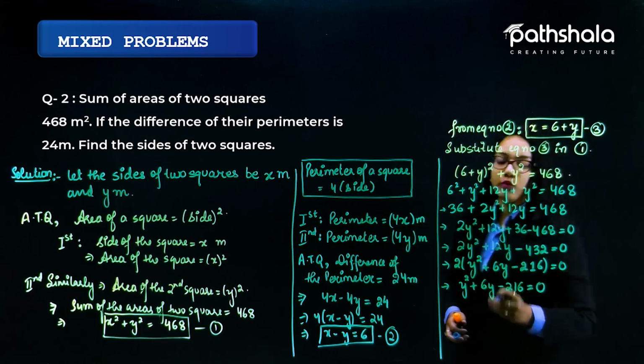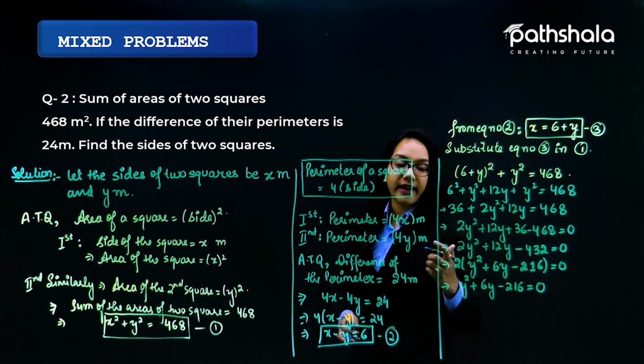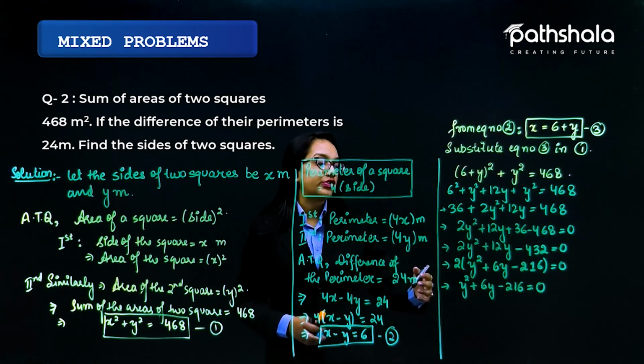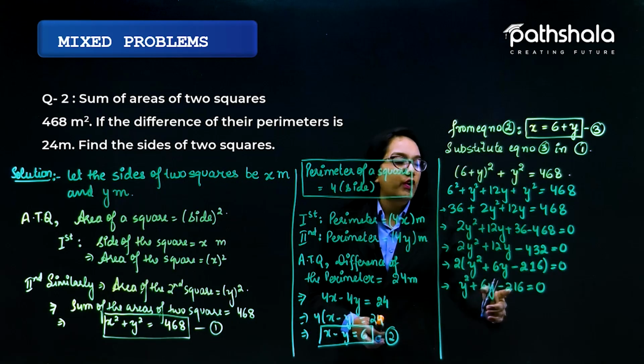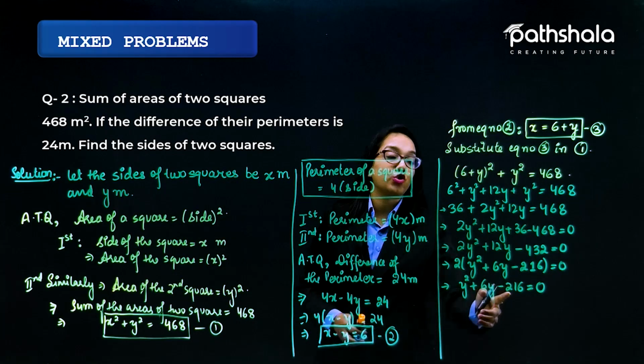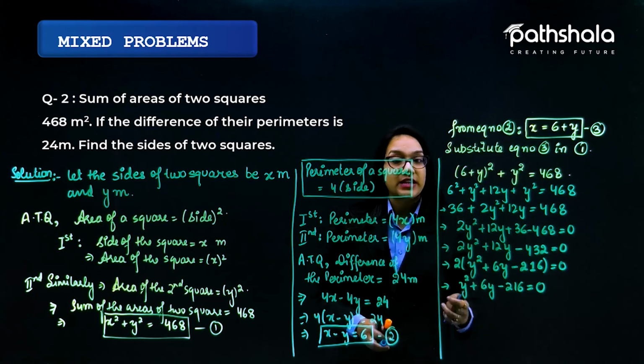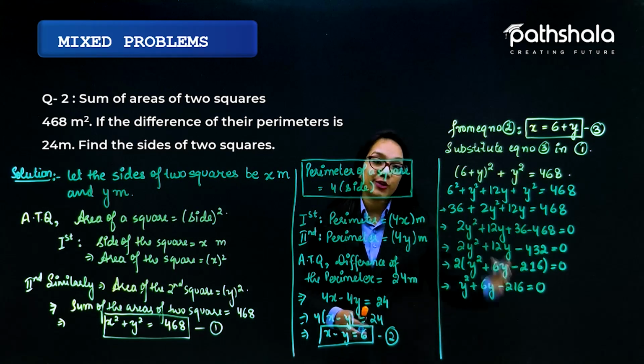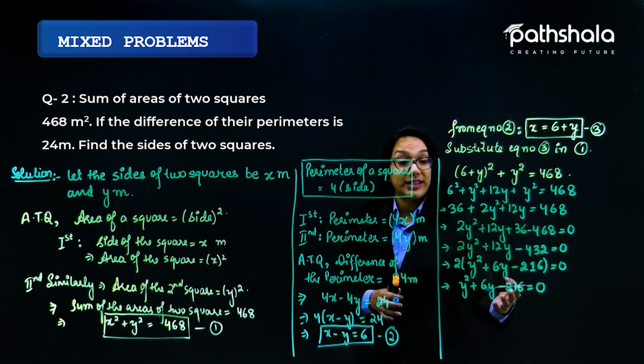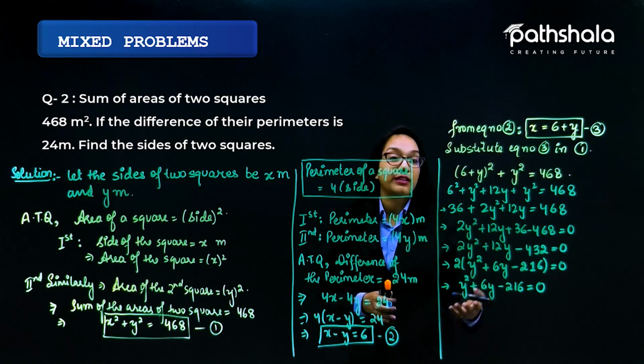Now we have to factorize this particular quadratic equation. We have to look for two numbers whose multiplication is 216 and whose difference is 6. The two numbers would be 18 and 12, because 18 into 12 is 216 and 18 minus 12 is 6.